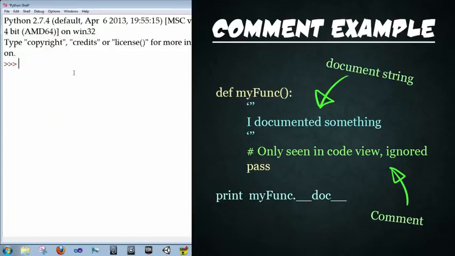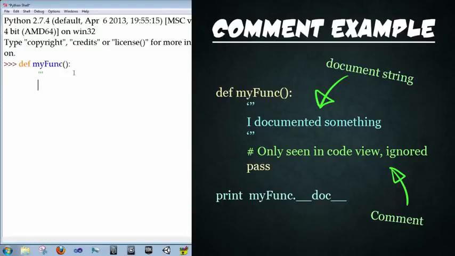We're going to type in def myfunc open close parentheses colon, enter, and then type 3 single quotes, enter, tab, and then we're going to type in whatever we want.